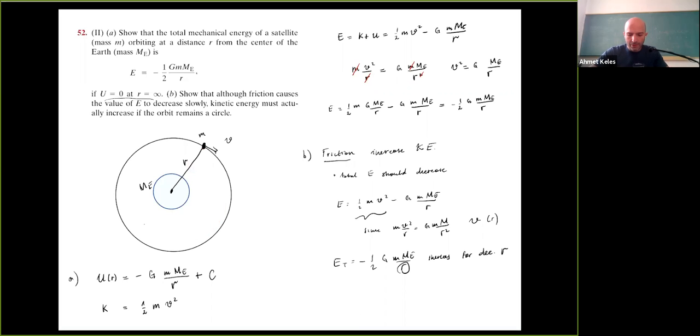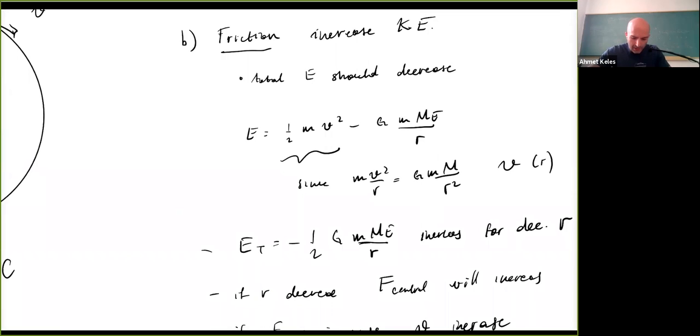But if you get a bigger force, that means you have to get a bigger circular velocity. So this is the first step. Second step, if r decreases, F central will increase, and if F central increases, V increases. So if you decrease R, this whole thing, yes, increases, but since there's like a minus, energy will decrease.